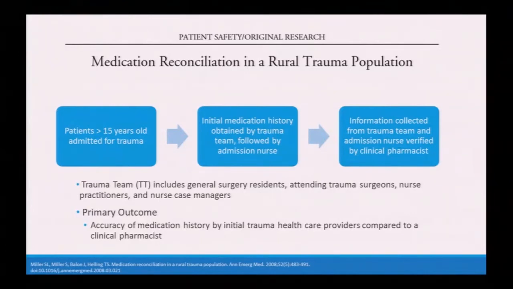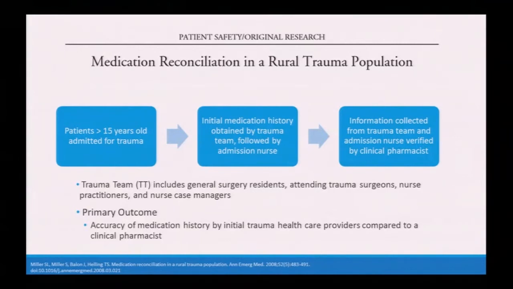And then once that information was obtained, an admission nurse tried to obtain more information or verify that information. Once the admission nurse looked at the patient's medications and documented as much as possible, a clinical pharmacist was utilized as the standard to make sure that all the medications were documented appropriately and accurately.